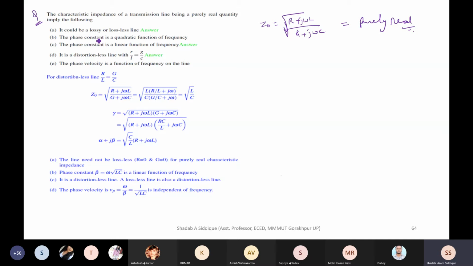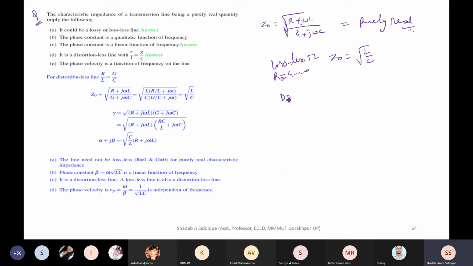If this is a lossless transmission line, then R is equal to G is equal to 0, and Z0 comes out to be the square root of L by C.